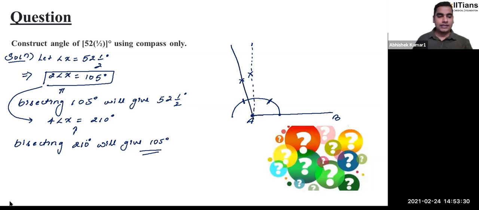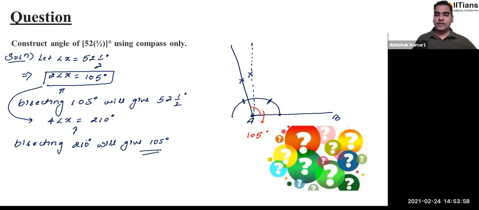Clear? Then this angle that we have got here will be equal to 105 degrees. Now what we have to do is bisect this angle of 105 degrees. If we bisect this angle properly, we are going to get our required angle, which is 52.5 degrees. Clear?